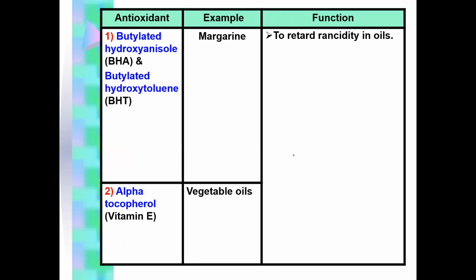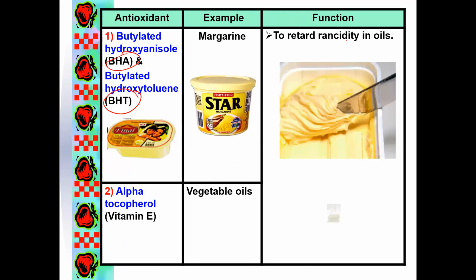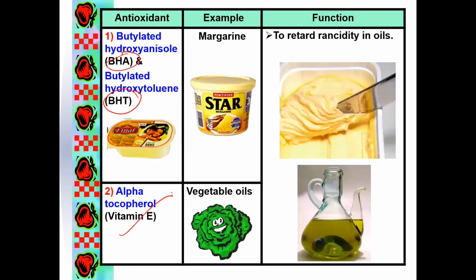So to prevent the margarine from turning bad, the manufacturer adds BHA and BHT, butylated hydroxyanisole and butylated hydroxytoluene, for margarine, and alpha tocopherol for vegetable oil. So this one is all right. Vitamin E is all right. This one is not all right.